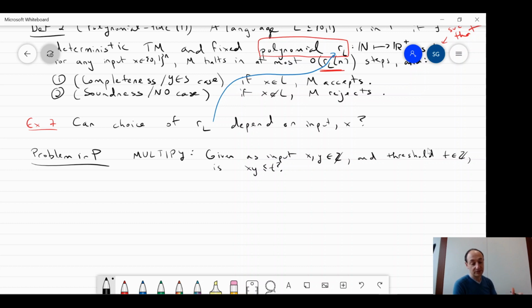And the idea, of course, is that if you could solve this problem, right, and you're allowed to pick the threshold t that's part of the input, then you could certainly kind of zero in very quickly on the true product value of x and y by doing binary search on the values of t, right? So you can first ask, is the product at most 100? If the answer is yes, then you might ask, okay, well, is the product at most 50, for example, and you keep cutting things in half, right?